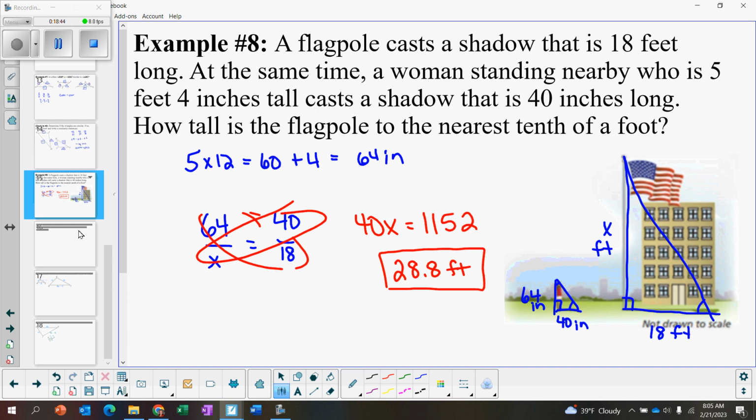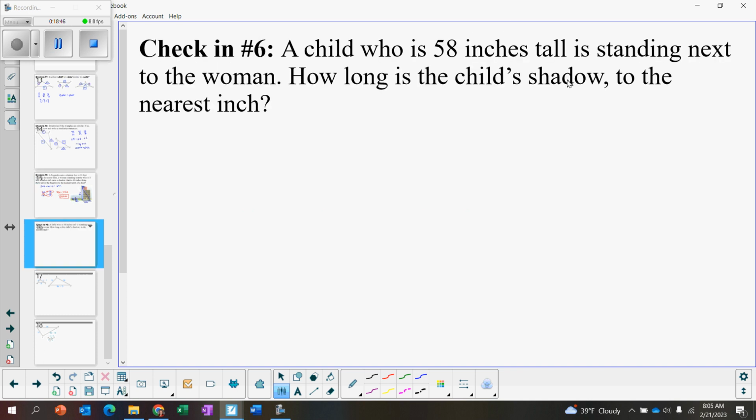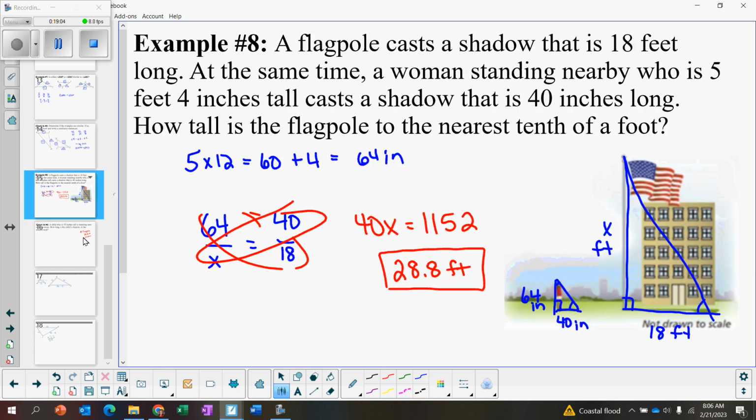So you're going to try the next one. Just a reminder, the flagpole was 28.8 feet. Its shadow was, I forget, 18 feet.